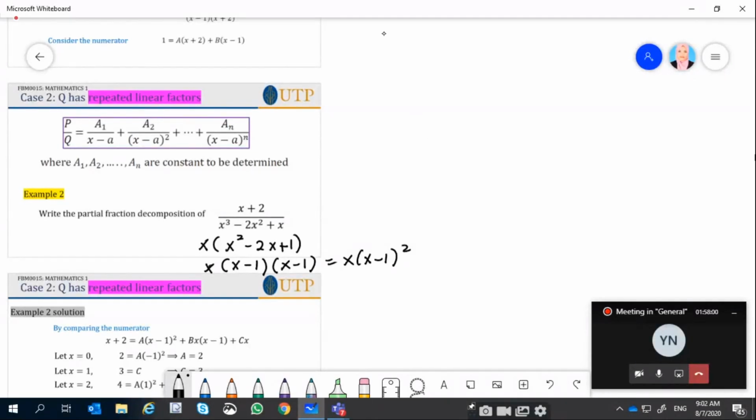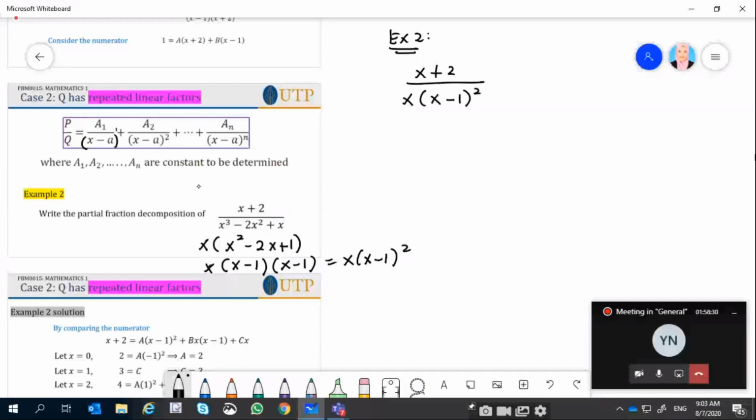Okay, so for this example 2, we start from s plus 2 divided by s times (s minus 1) squared. Now look at the purple box here. When it is repeated, this is the way to express the partial fraction: the first one with power of 1 and then power of 2.